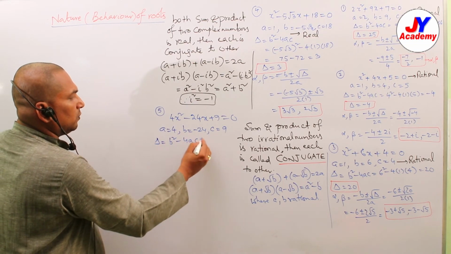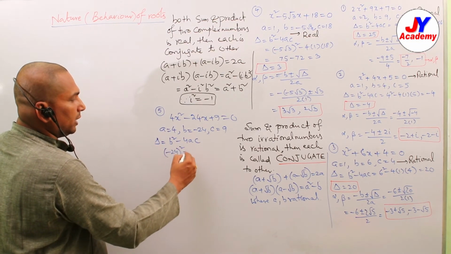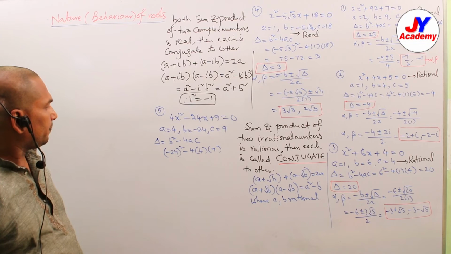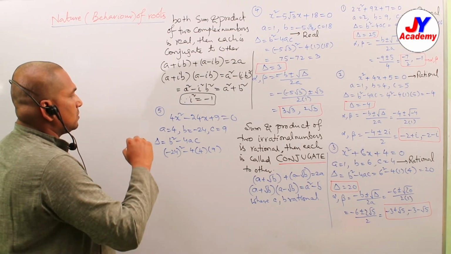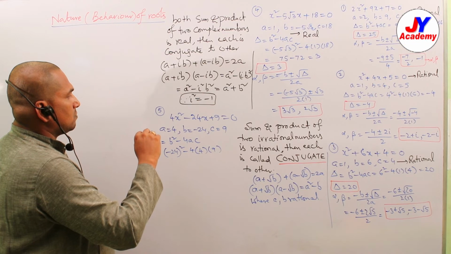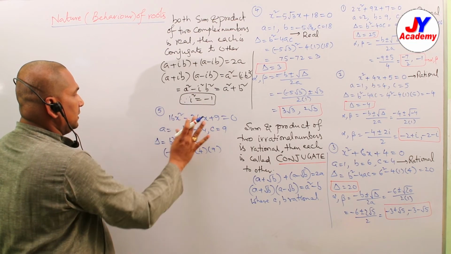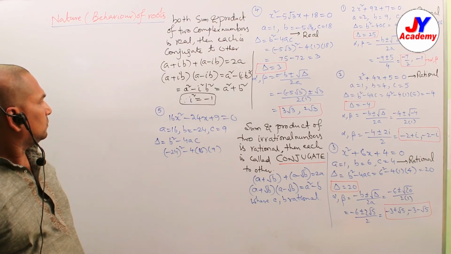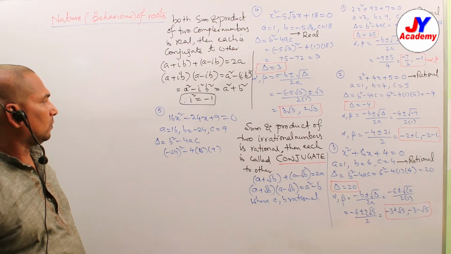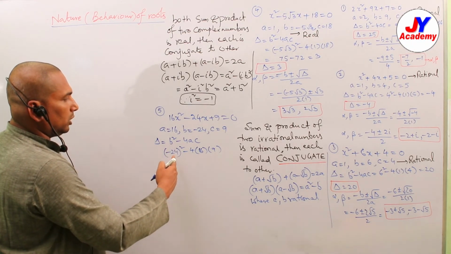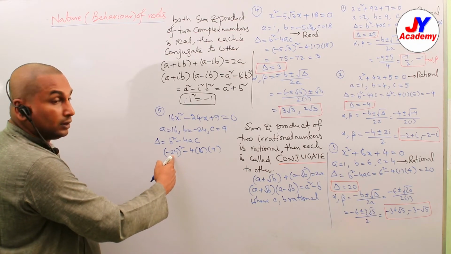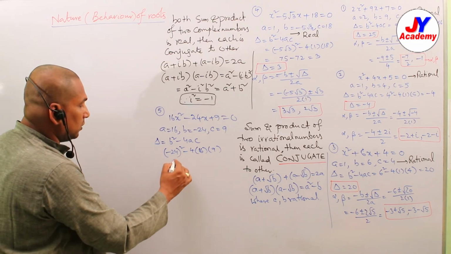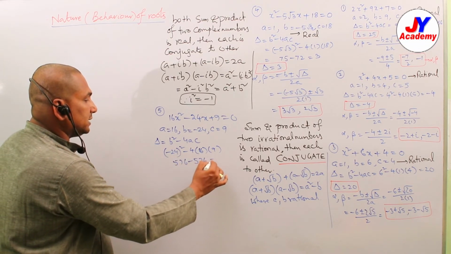B square minus 4AC, minus 24 whole square minus 4 into 4 into 9. If you take, it is 16. So what is the product here? Once go through. It is 4 square, 2 square, 8 square, 3 square. So 576 minus 576 is equal to 0.